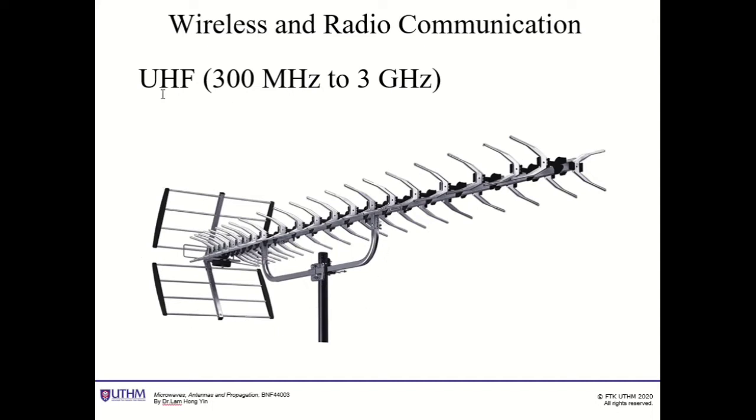Usually the most common frequencies that the commercial or free band use are from 300 megahertz to 3 gigahertz. For example, television broadcasting uses frequencies from 300 to 800 megahertz. Wi-Fi uses 2.4 gigahertz, which is basically in the UHF band, the ultra high frequency band.